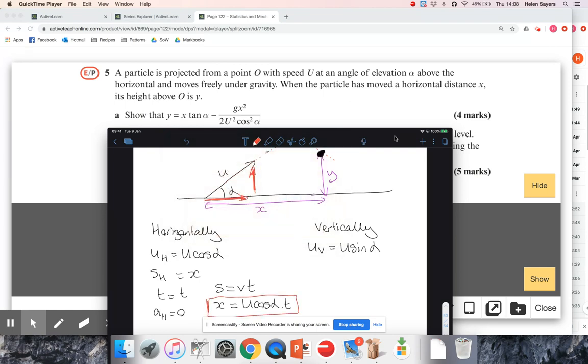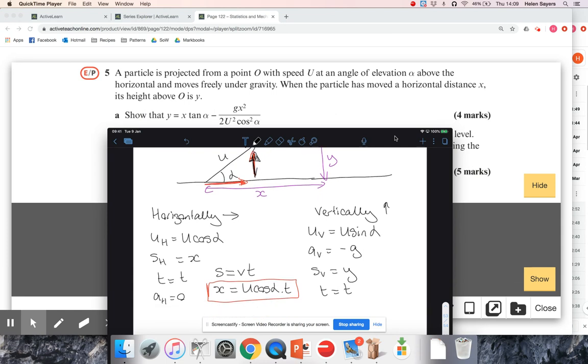If I do the same thing vertically, oh, sorry, I really should have said I'm taking to the right as positive there. Vertically, I'm going to take up as positive because that initial velocity is up. The acceleration is due to gravity, and taking up as positive, that's going to be minus g. The displacement vertically, they've told me to call y, and t is just t.